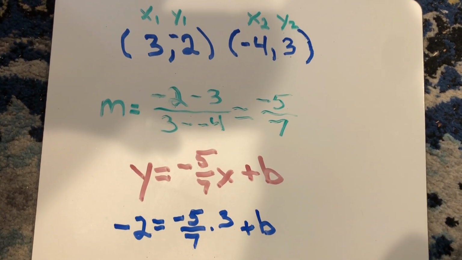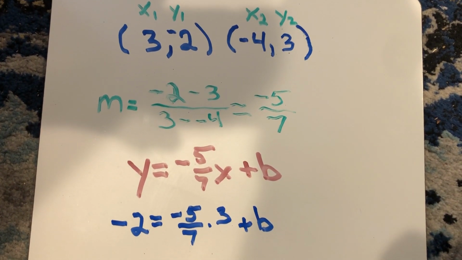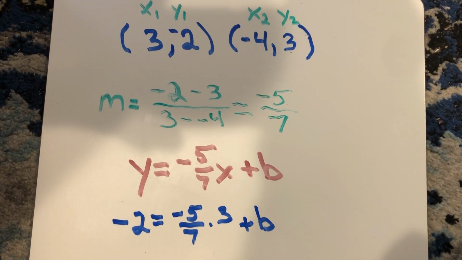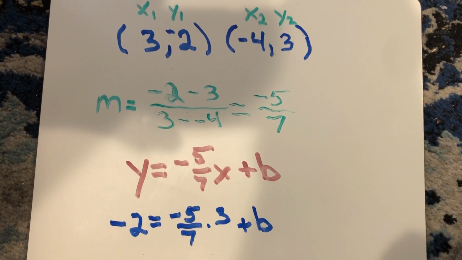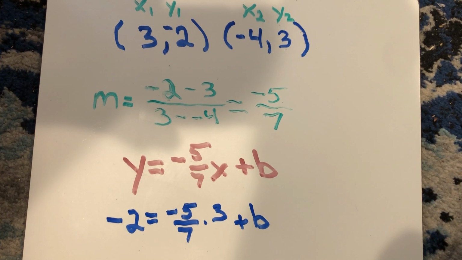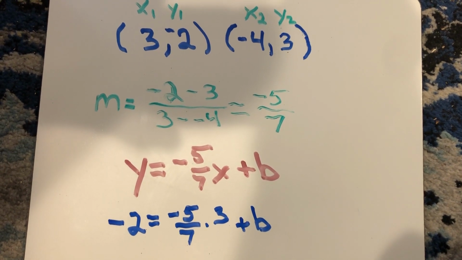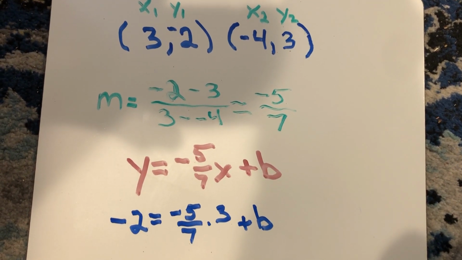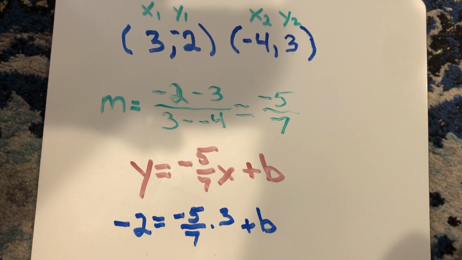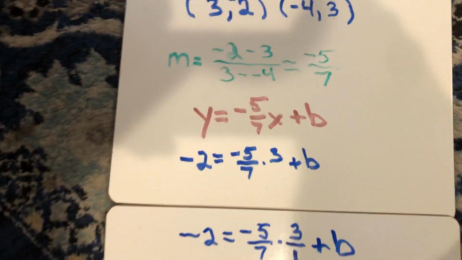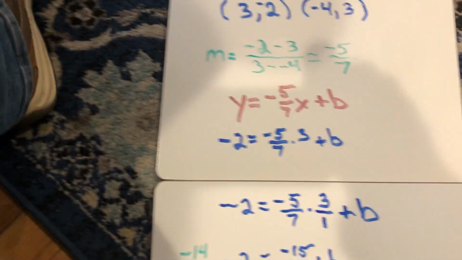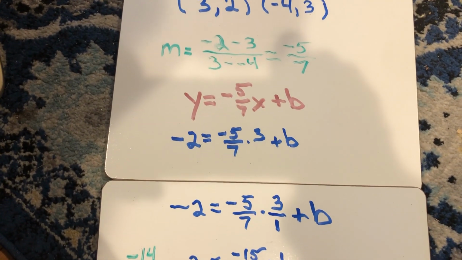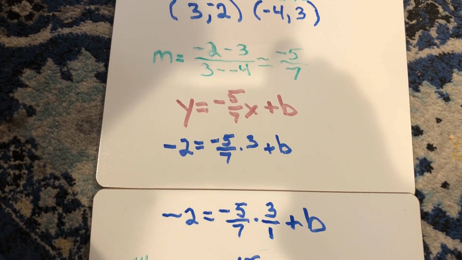So I'm going to take the -2 for my y is equal to -5/7, our slope that we just figured out, times 3, our x value, plus our unknown y-intercept of b. We multiply the -5/7 by the 3, and we come out with -2 is equal to -5/7 times 3.